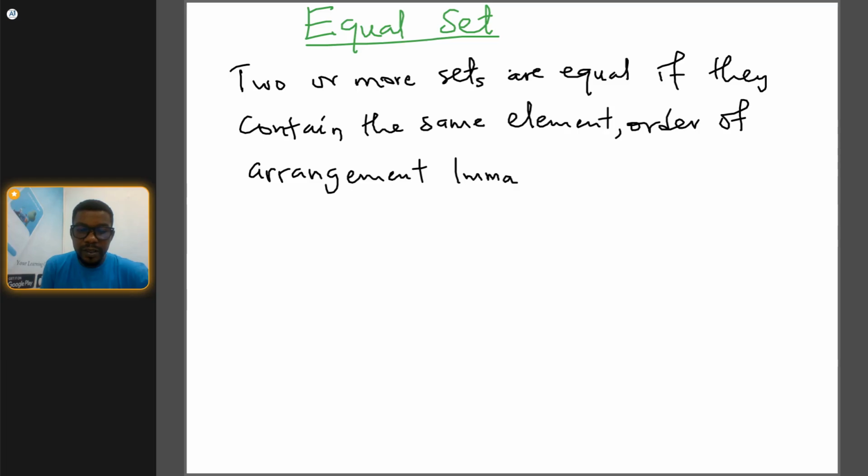That is, order of arrangement is immaterial. Full stop. To explain the terminology of equal sets, we are going to consider this also.